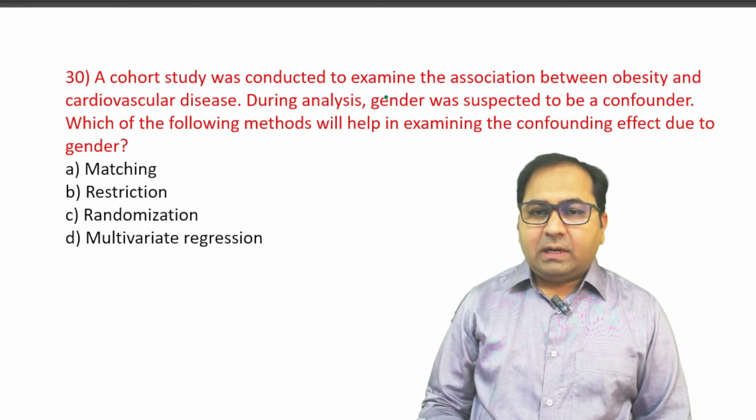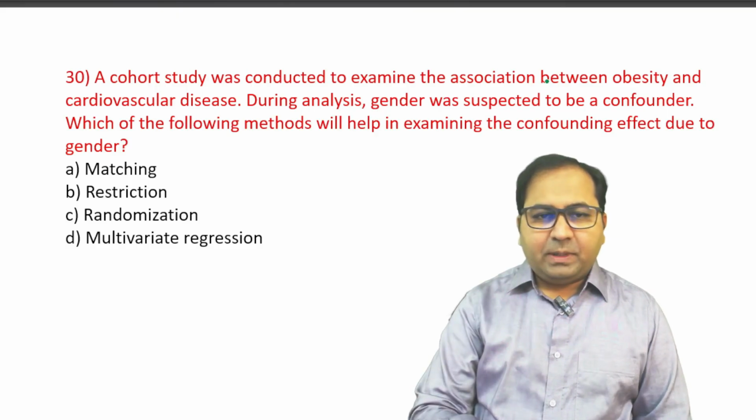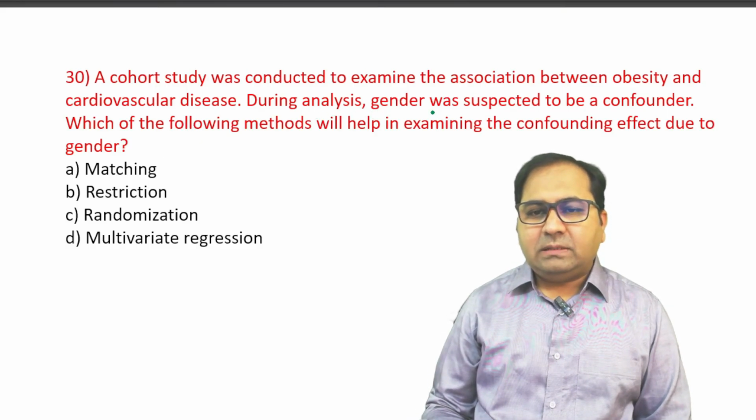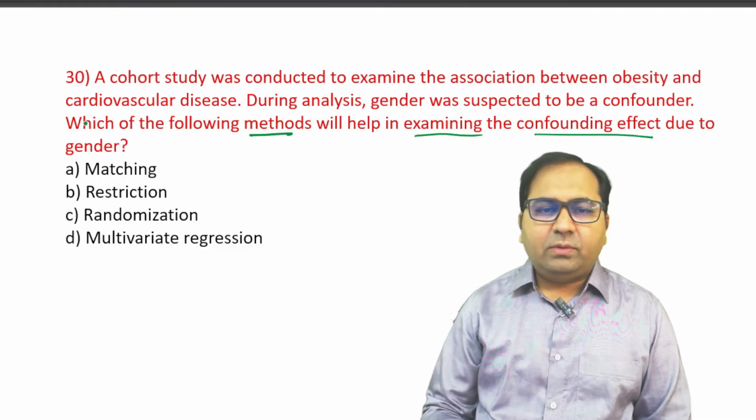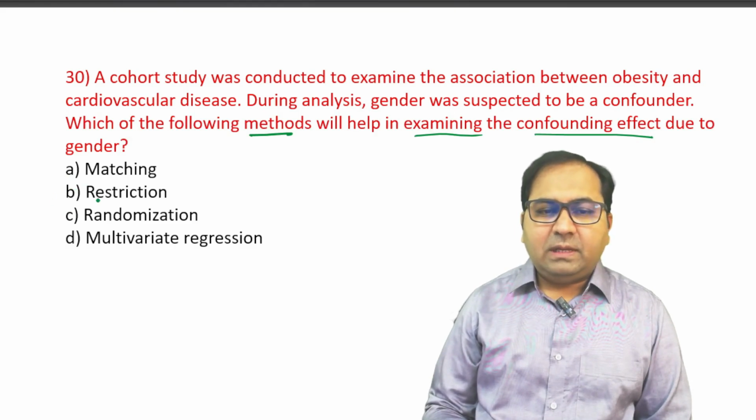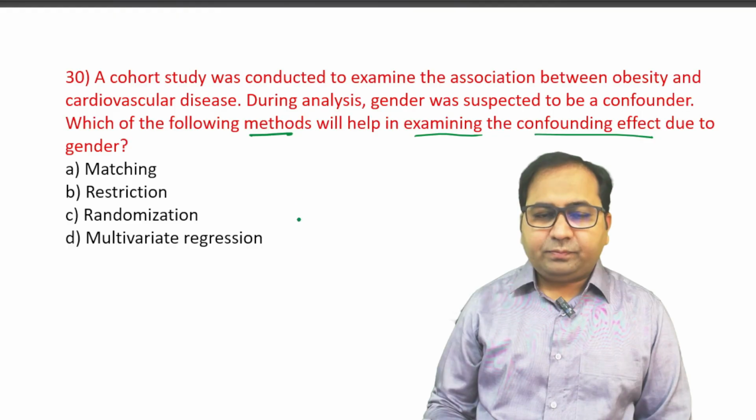A cohort study was conducted to examine the association between obesity and cardiovascular disease. During analysis, gender was suspected to be a confounder. So which of the following methods will help in examining the confounding effect due to gender? Options are A. Matching, B. Restriction, C. Randomization, or D. Multivariate regression.